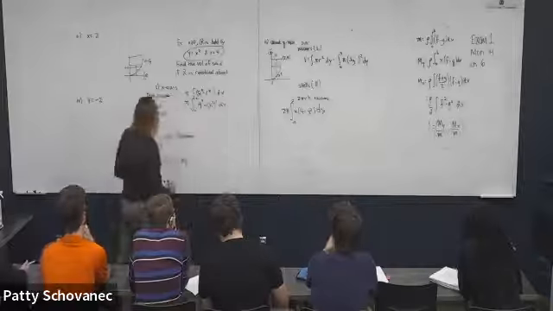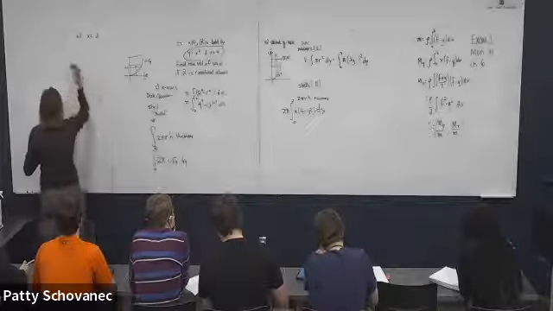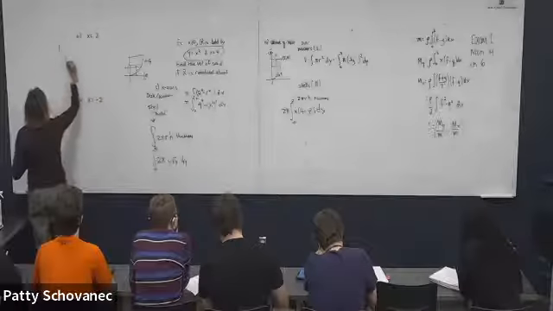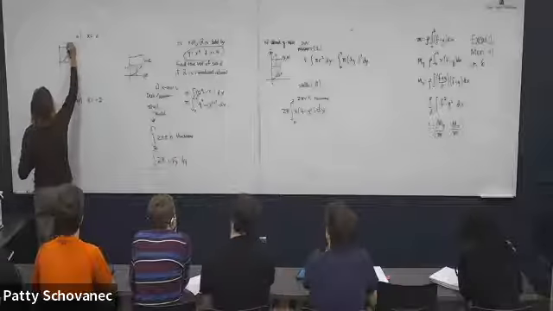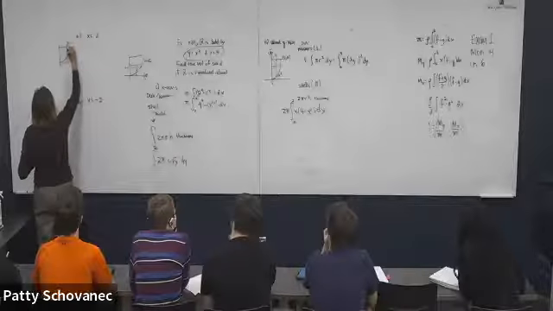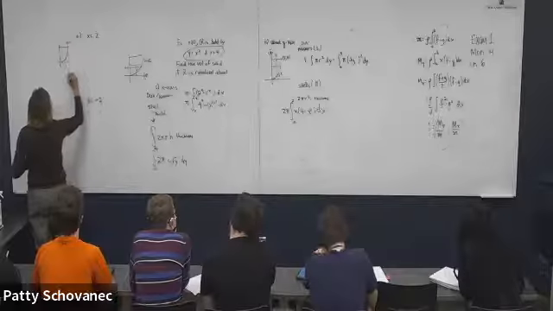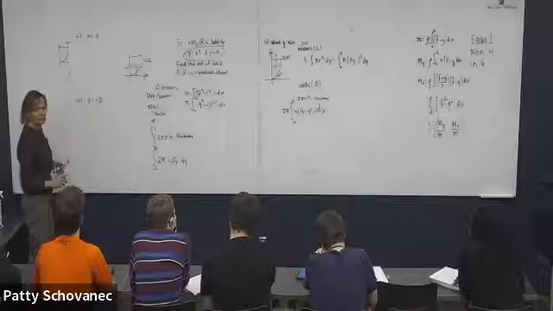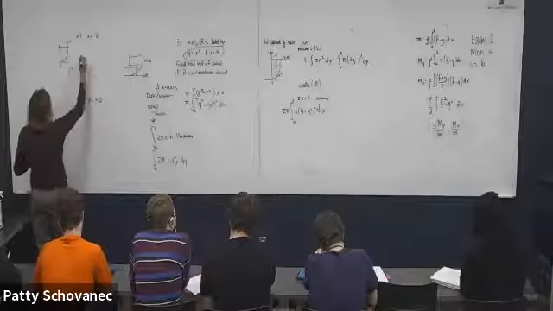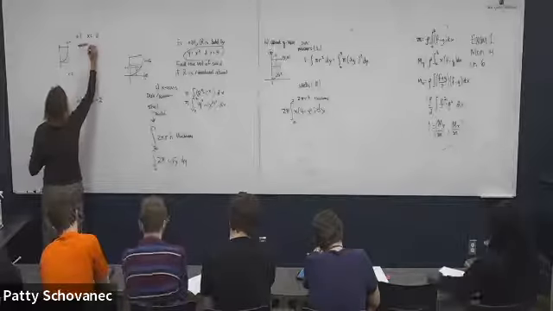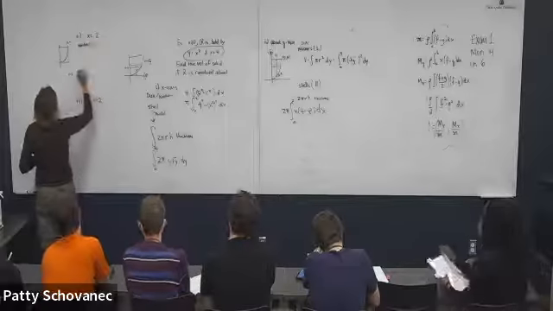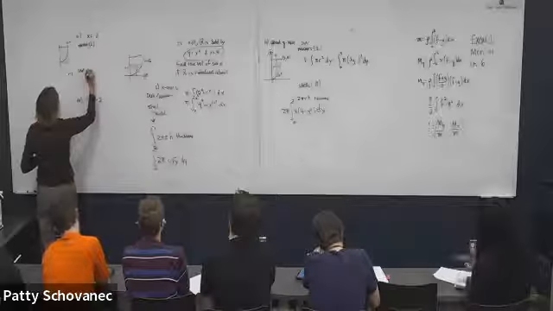So on number 3, if we're going to take that same region about the line X is 2, and I want a washer. We're gonna go perpendicular, shells we're gonna go parallel.